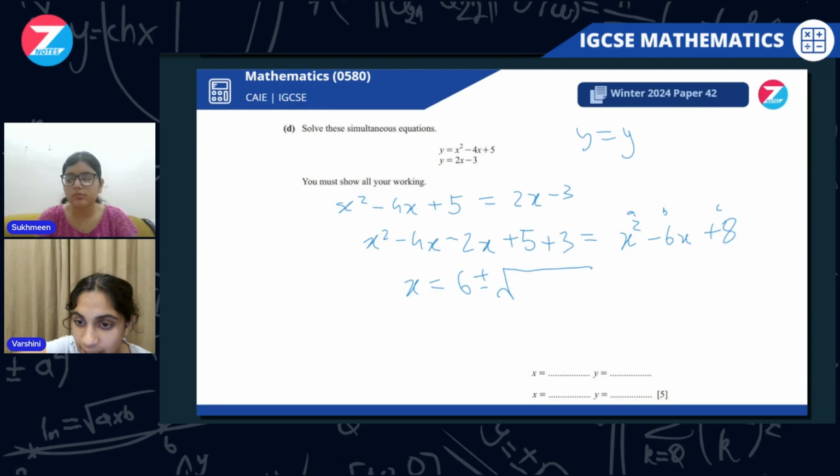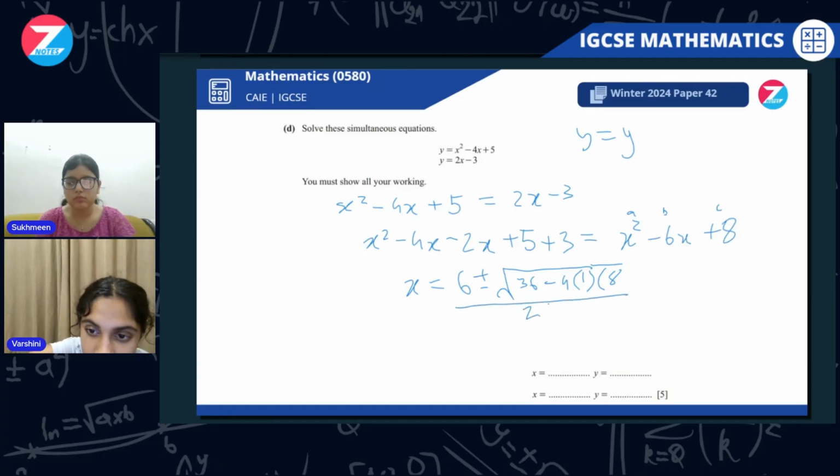So x is equal to 6 minus b, which is 6, plus minus root of b squared, which is 6 squared, minus 6 whole squared, which would be 36 minus 4 into A in this case, which is 1, into C, which is 8, and divided by 2 into 1.